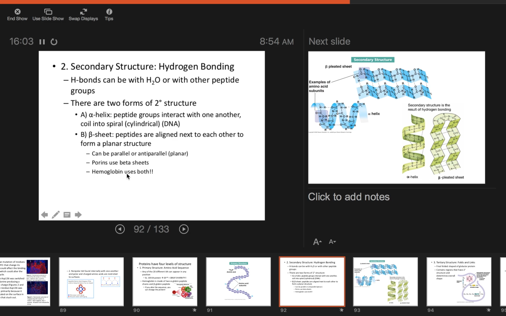So the protein hemoglobin actually uses both forms of secondary structure, alpha helixes and beta sheets, for its final shape. And these two shapes are formed from hydrogen bonds. So secondary structure involves hydrogen bonds that form helixes or sheets.